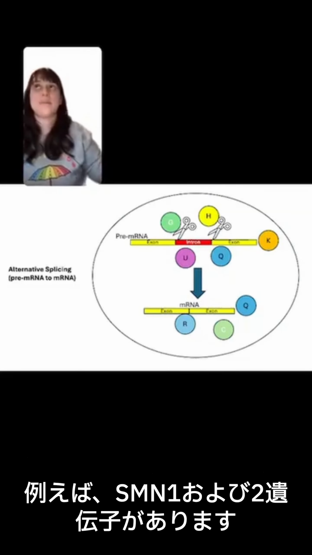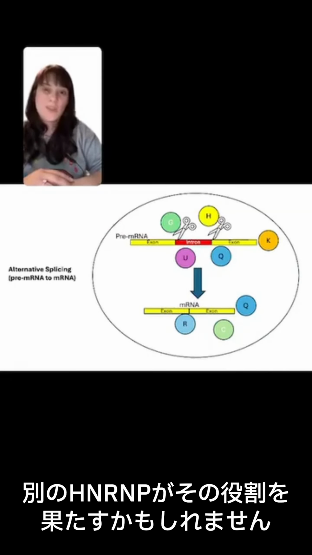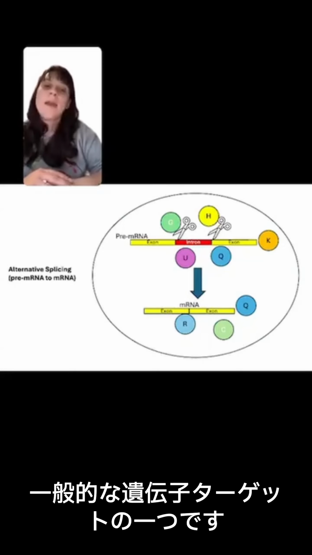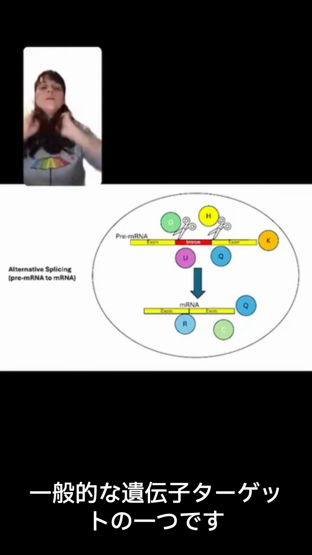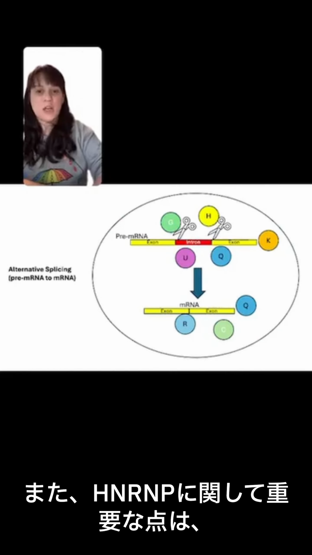They've evolved together so they can regulate similar genes if they need to. They can also compensate for each other, so if we lose one HNRNP, another one may come in and perform that same role. And so that is the general gene target.